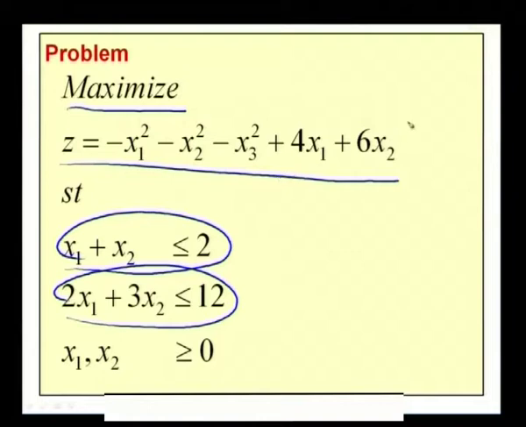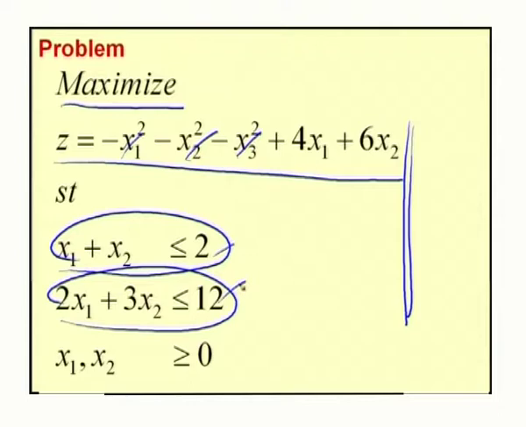So, this is the nonlinear programming problem which involves three decision variables x1, x2 and x3 and two inequality constraints. Now, with the help of the Kuhn-Tucker conditions, we try to maximize this objective function subject to the constraints.